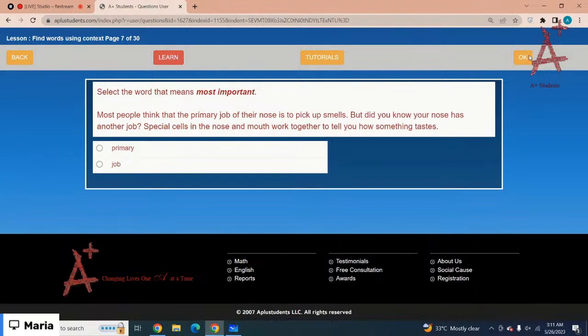Select the word that means most important. Most people think that the primary job of their nose is to pick up smells. But did you know your nose has another job? Special cells in the nose and mouth work together to tell you how something tastes. So, which is the correct option? Which word has the meaning most important? Primary or job?